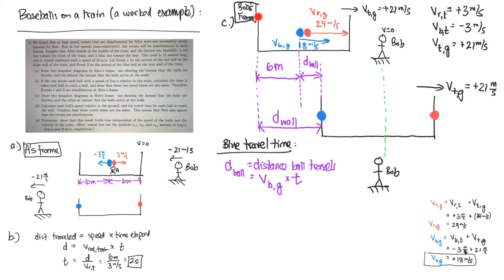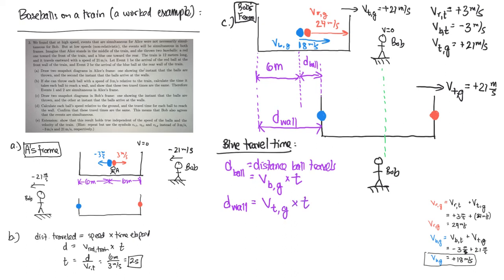Notice that the wall used to be here, and now it's here, and the distance traveled by the wall is given by that interval D wall. The wall is an object that has a velocity and is traveling for an amount of time also. And the velocity of the wall is the train's velocity, VTG, times t.